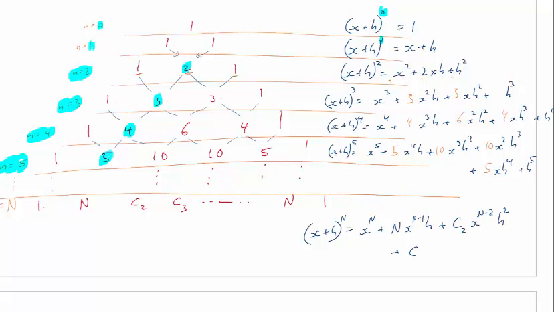And then you keep going, plus c3 x to the n minus 3 times h cubed. And you keep on going down to get to the last term, which is h to the nth power.